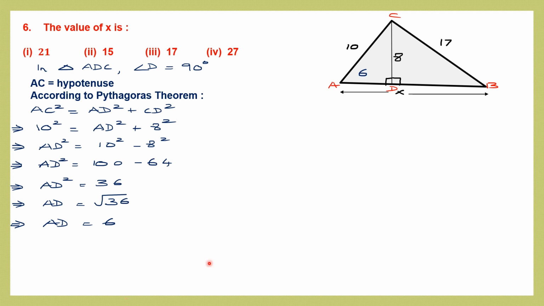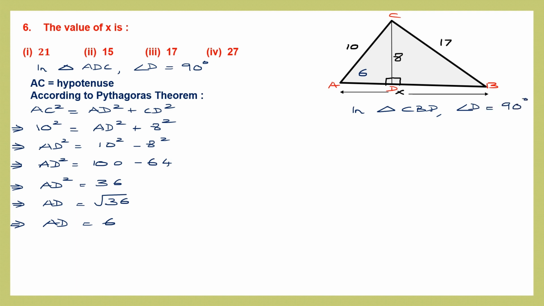Now we need to find the value of this part now, BD. So we can add up the AD and BD and find the value of x. So now we're going to take triangle CDB. So in triangle CBD, angle D is 90 degrees.